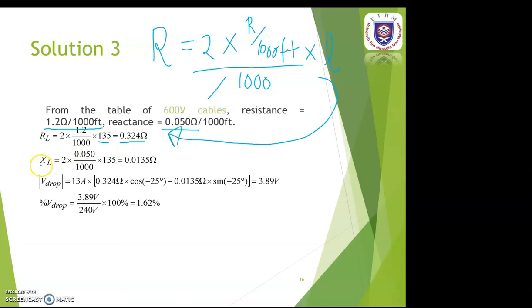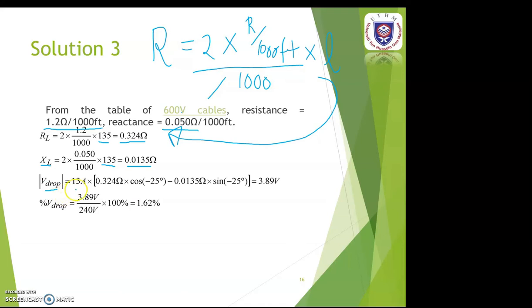For the reactance, the equation is the same, just substitute the resistance with the reactance: 2 times 0.05 per 1000 times 135, you get 0.0135 ohm.